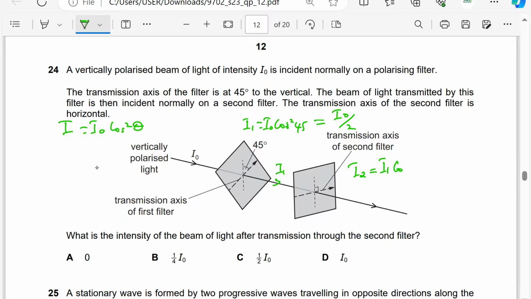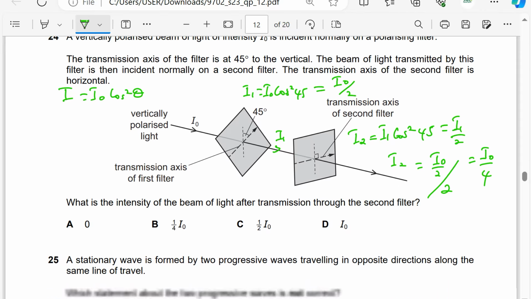So this is going to be I1 cos squared 45, which is I1 divided by 2, because we have seen cos squared 45 is a half. So I2 is going to be I1, which was I naught over 2, divided by 2 again, which becomes I naught divided by 4. So this makes the answer B.